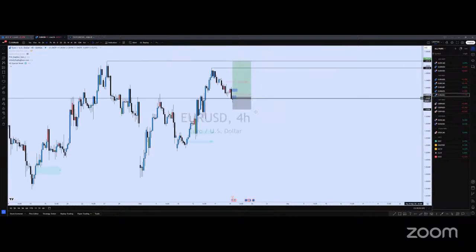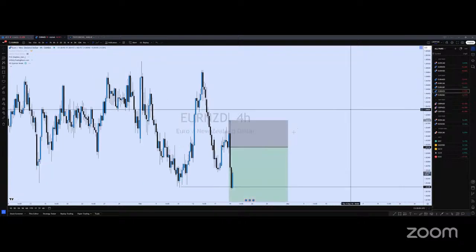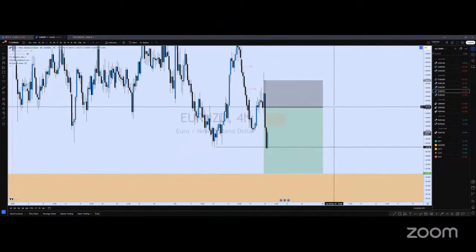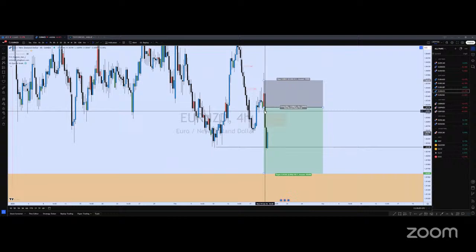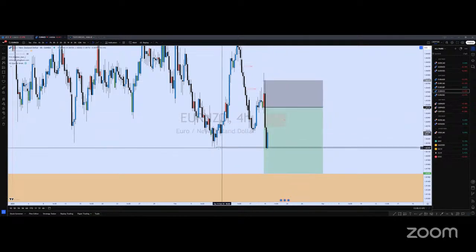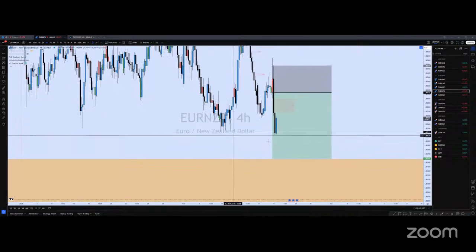The euro, I don't think is quite ready yet because the dollar index has not confirmed. So Euro Aussie, Euro CAD, even Euro New Zealand. Last night when the news came out, or this morning when the news came out and then rejected, I was looking for them to pull back to this level and then go for this low and then trade here.